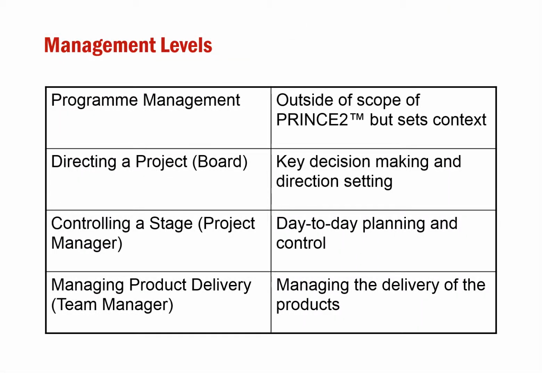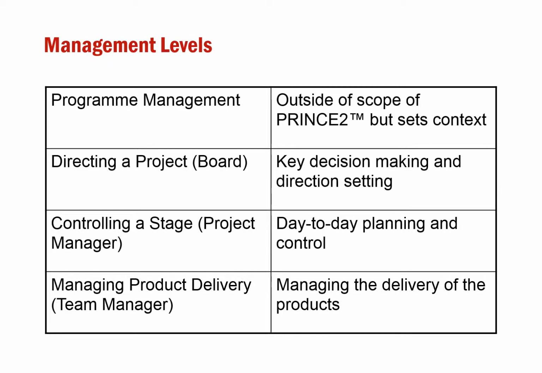Now let's have a look at the management levels involved in a Prince2 project. In a Prince2 project, there can be different levels of management involved from the inception up to the closing of the project. The first layer is generally called program management.